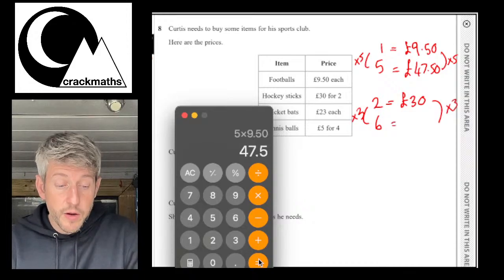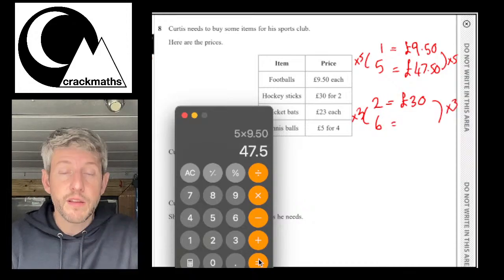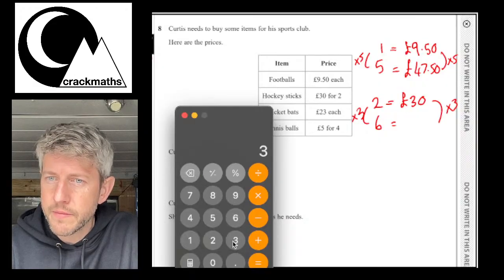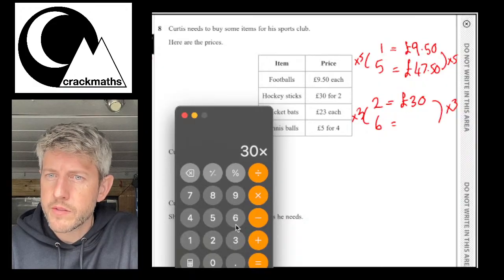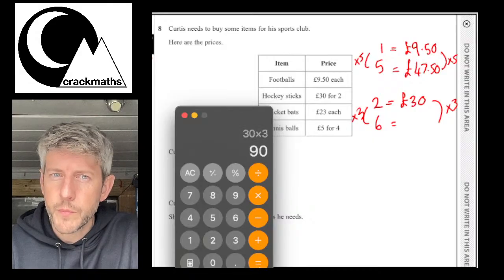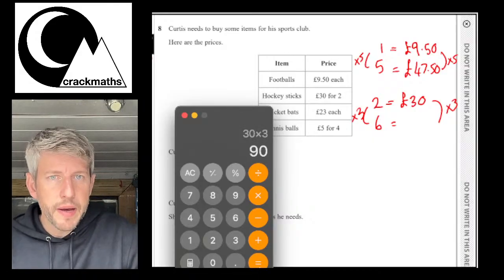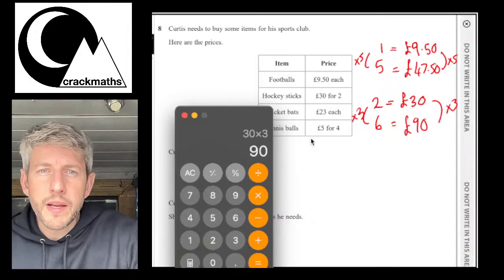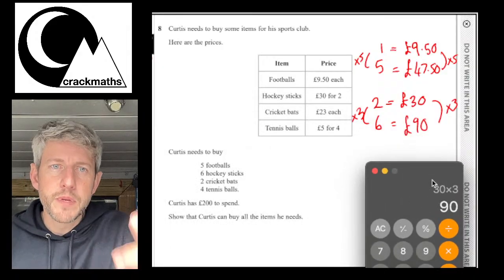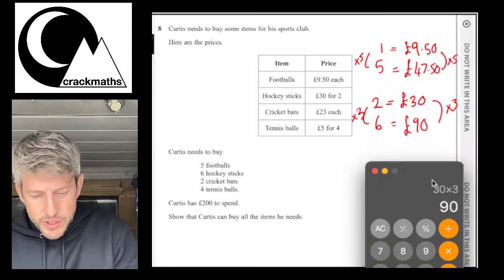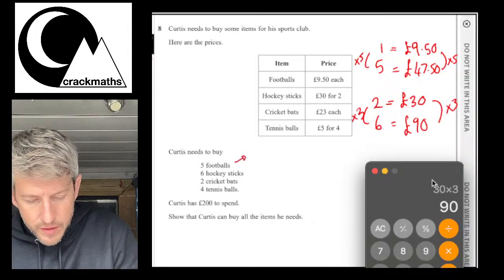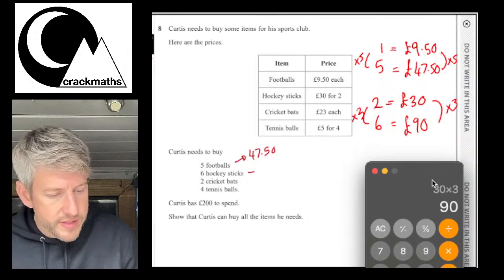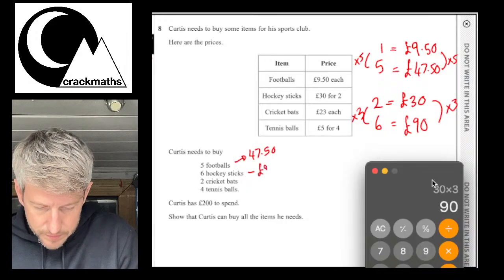So 2 times 3 is 6. 30 times 3, let's just do that on the calculator. 30 times 3 is going to be £90. There we go. I'm going to write my little collection of numbers that we're going to have to add up together. So we know that this now is £47.50. We know that these ones are £90.